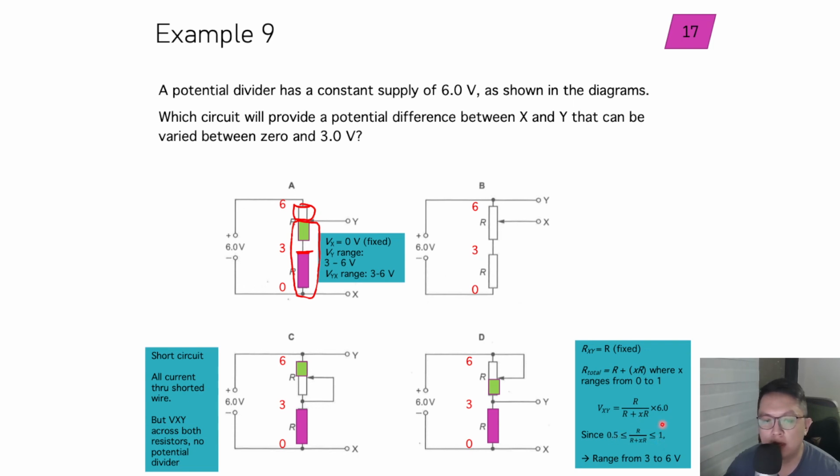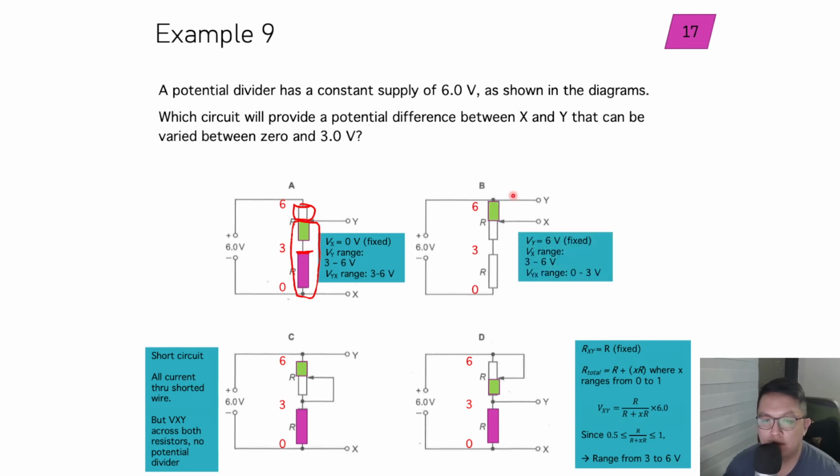If X is 0, this whole thing will be equal to 1. If X is equal to 1, this whole ratio will be equal to half. So the range of the PD across XY will be 3 volts to 6 volts. Okay, and therefore option B is our answer, but let's just see why option B is the answer.